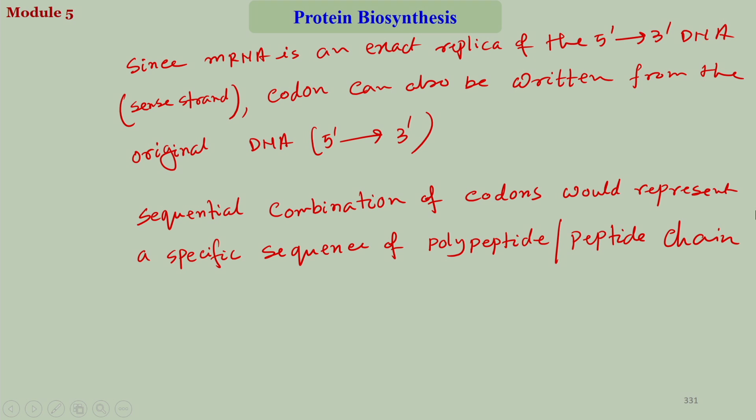Now, the question is, how do you know that this particular codon represents this particular amino acid? Of course, it is a real tedious job to find out, because there is no direct relation between the amino acid and the codon, right, because the amino acid is connected at the 3 prime end of the tRNA and the anticodon is present at the bottom of the tRNA.